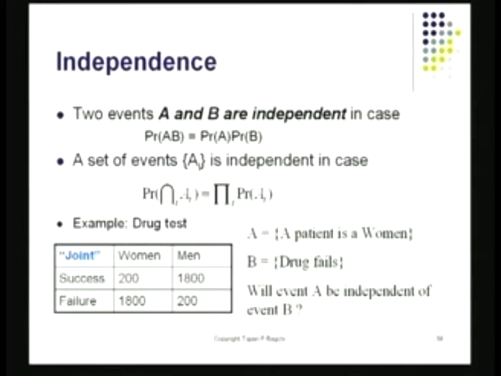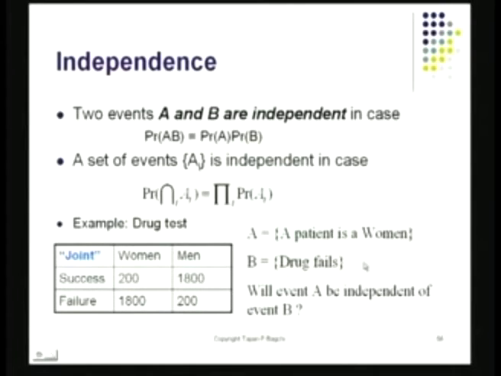And let's talk about the events that we are going to be testing against each other. A is the event that the patient is a woman. What is the chance of the patient being a woman? It is going to be if the count comes in this column. This is like a 50% chance of the randomly picked patient being a woman.